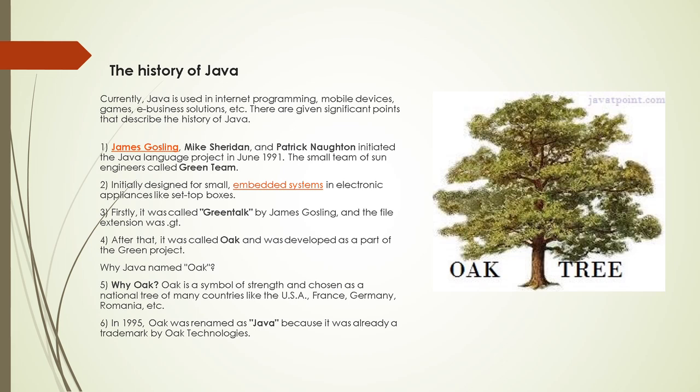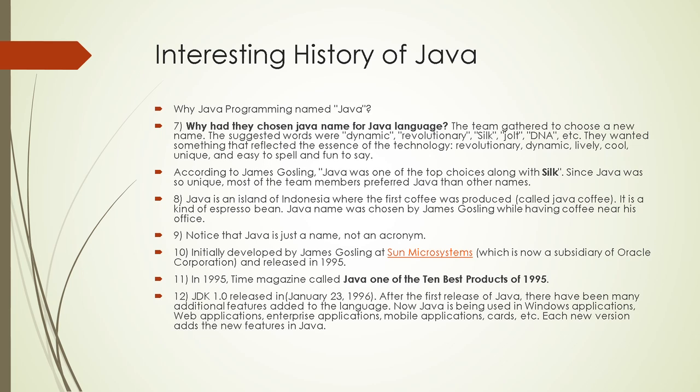These are the various principles of Java. Later on we'll learn these things, whatever doubts you have, like what is platform independent, how it is secure, how it is high performance, how it is multi-threaded, what is architecture neutral, what is object oriented programming. So we'll learn this.